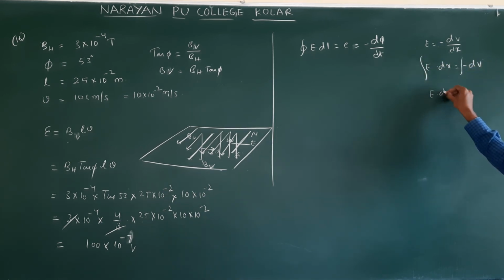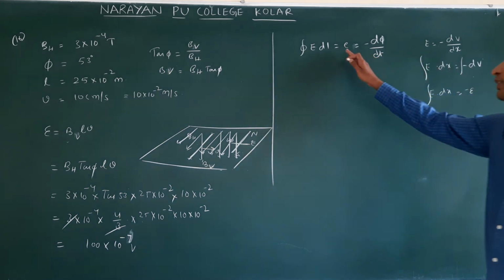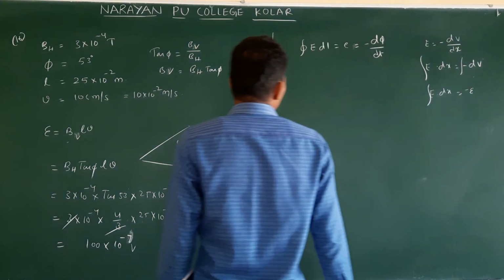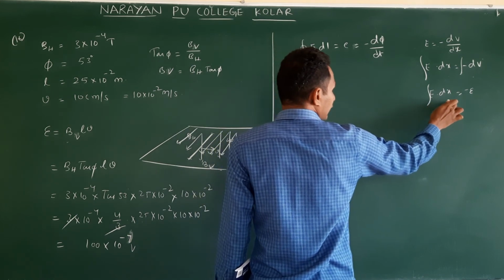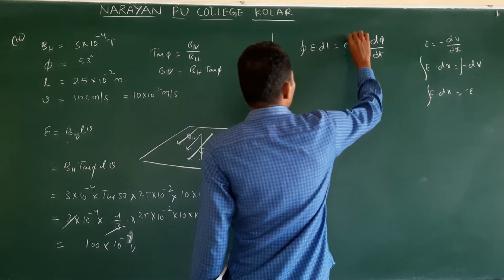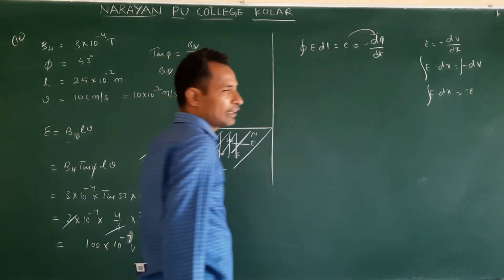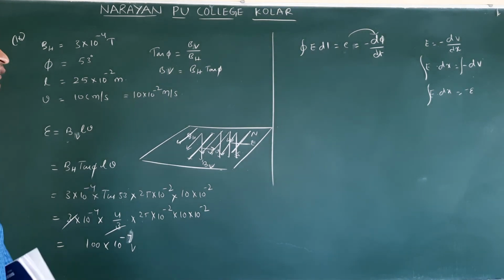The integral of E dx is the potential V you will get. So here we will write E with a minus. Same only. Here we studied it in electric potential. Now we are linking it to the rate of change of magnetic flux. That's all we are linking.